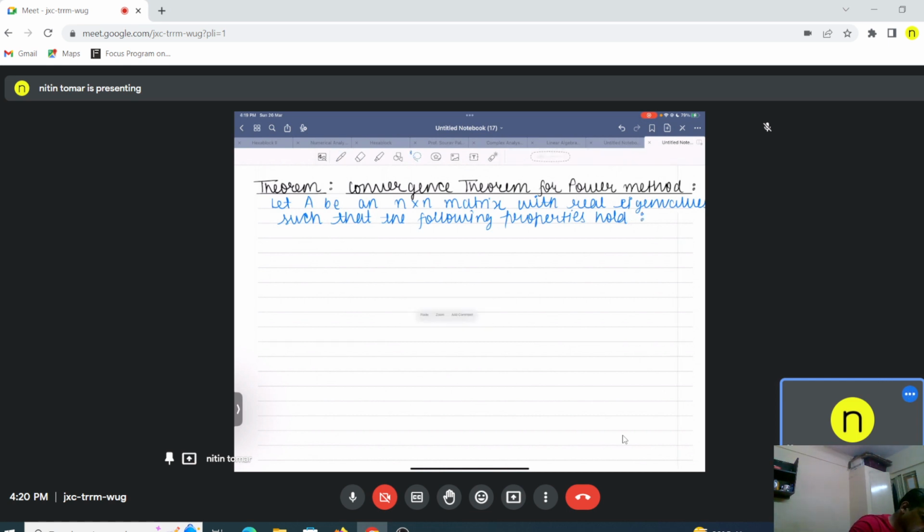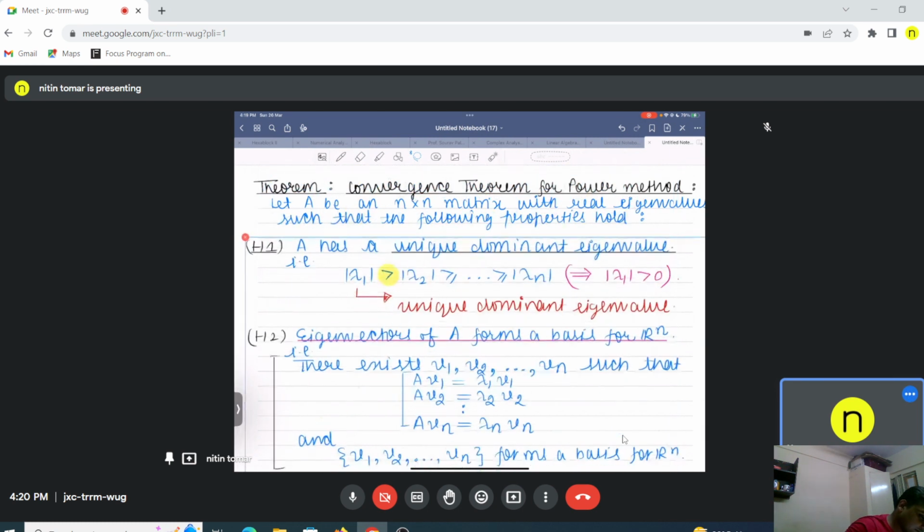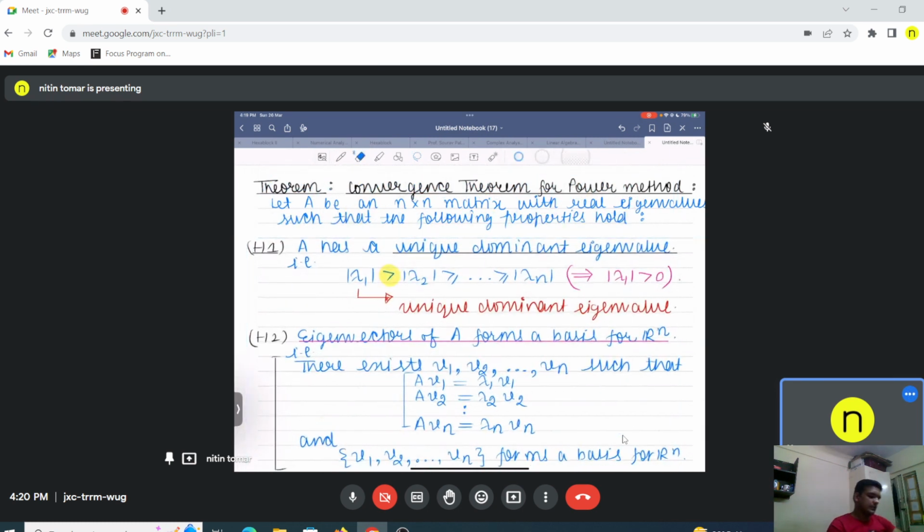What are these three properties? Yes, these assumptions that we have seen.